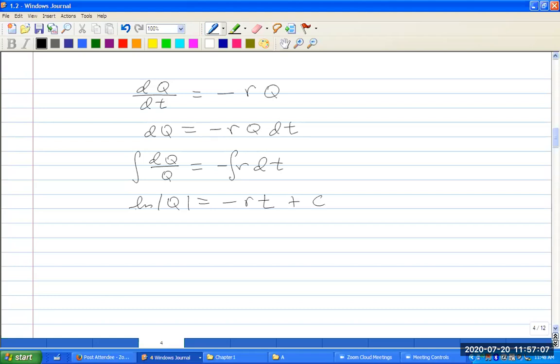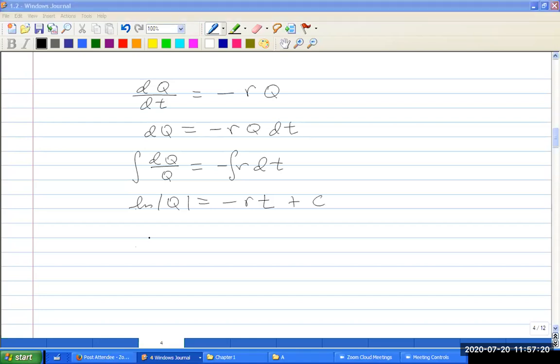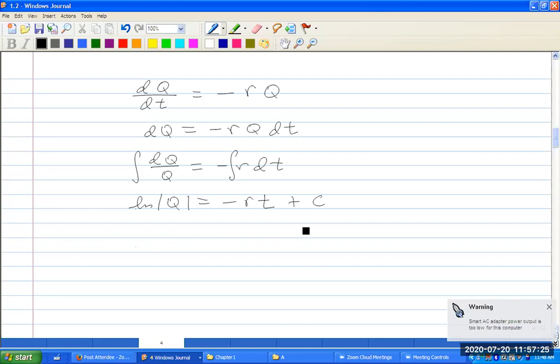Exponentiate both sides of my equation. So Q of t is equal to e to the C, which I'll just call C, times e to the minus rt.